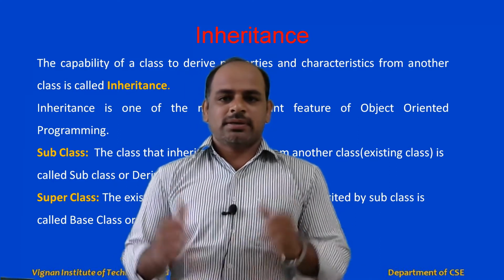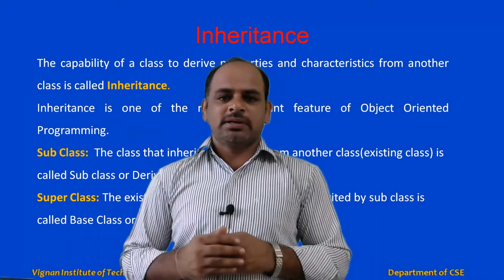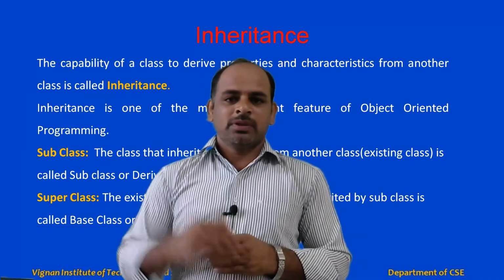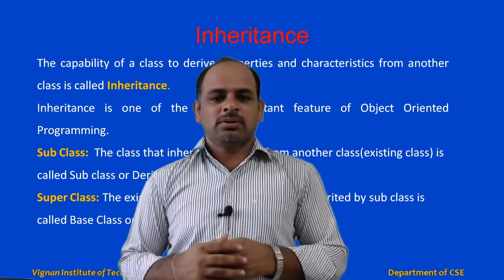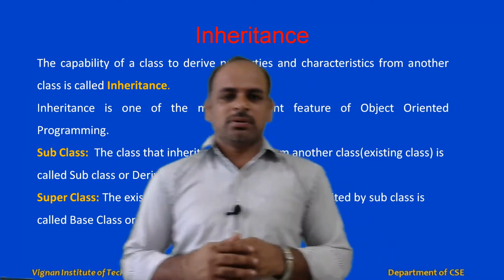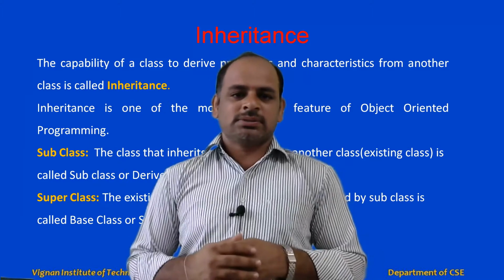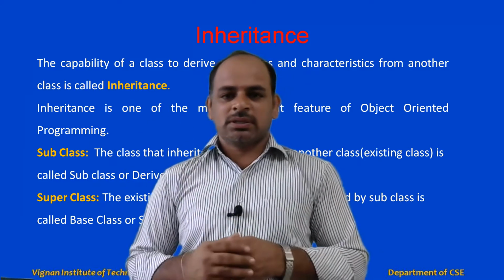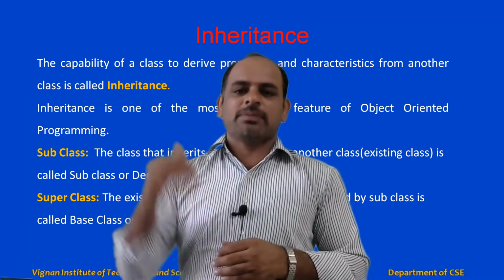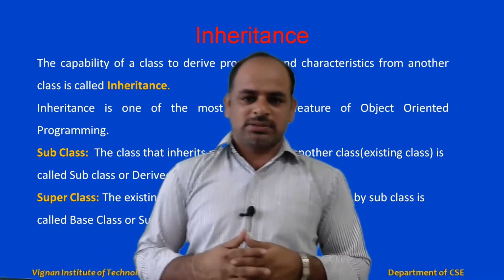And the class from which the properties are inherited or derived, that existing class, is called a superclass or parent class, right? So the parent class is nothing but the existing class, and the subclass is the class which is derived from that existing class, called a subclass, derived class, or child class, right?